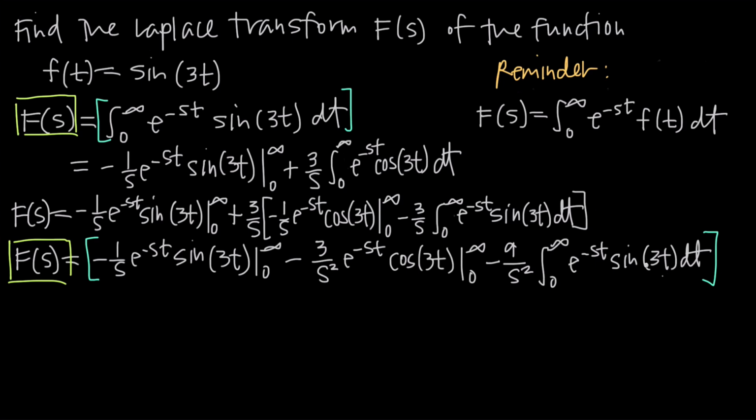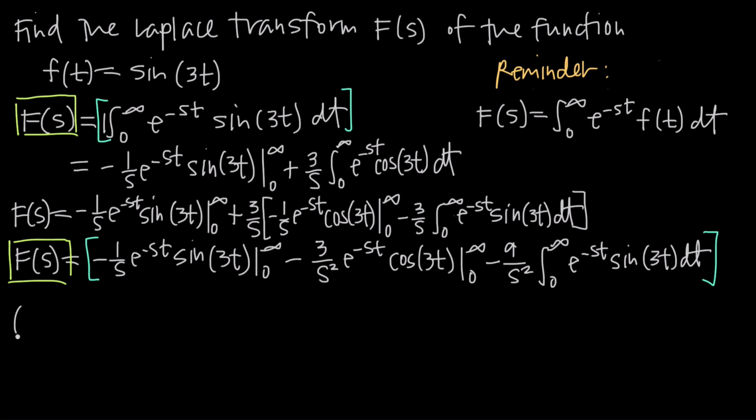So what we can do is when these are equal to each other, we can add this whole integral times 9 over s squared. Since we have a negative 9 over s squared, we can add this whole thing to the left-hand side. And what we get, if we remember that this is essentially 1 times this integral, we're adding 1 times this integral to 9 over s squared times this integral.